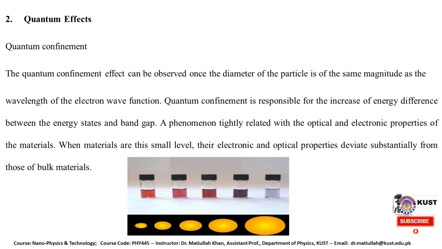This phenomenon is closely related to the optical and electronic properties of semiconductors. When materials are at a small scale, as nanomaterials, their electronic and optical properties differ from bulk properties, and are improved compared to them.